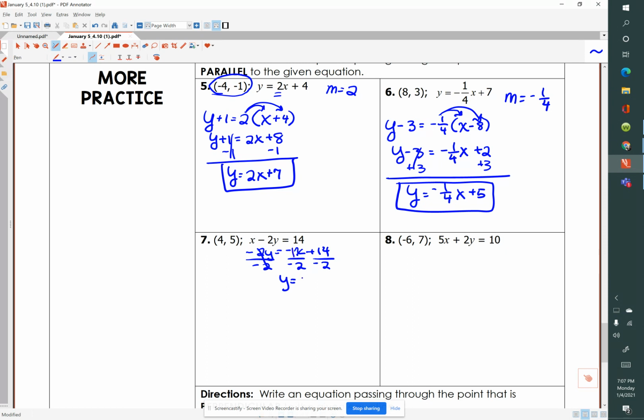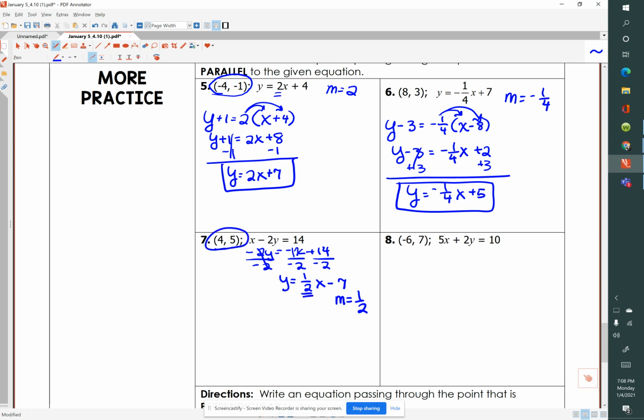This is an invisible 1. Positive 1/2 x minus 7. And now I have a slope of 1/2. That's why I did that. I needed to find out the slope.